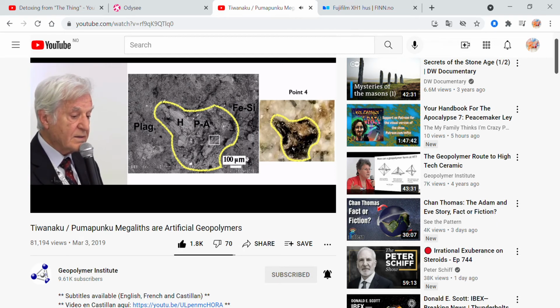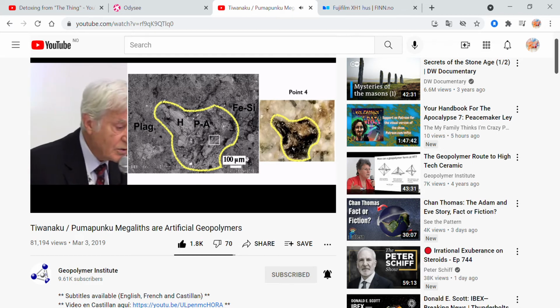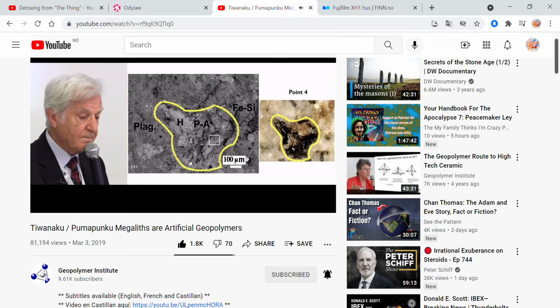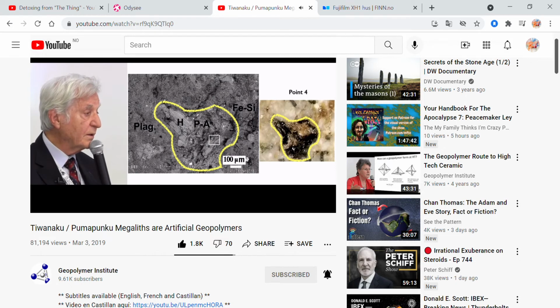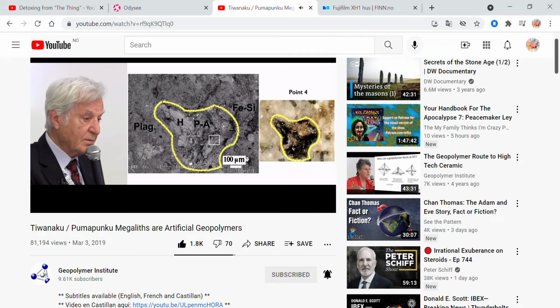SEI is ferrosilicates. And in the midst of that, we have something that does not correspond to any classified mineral from the optical microscope. We will focus on it, and we'll get a great surprise.